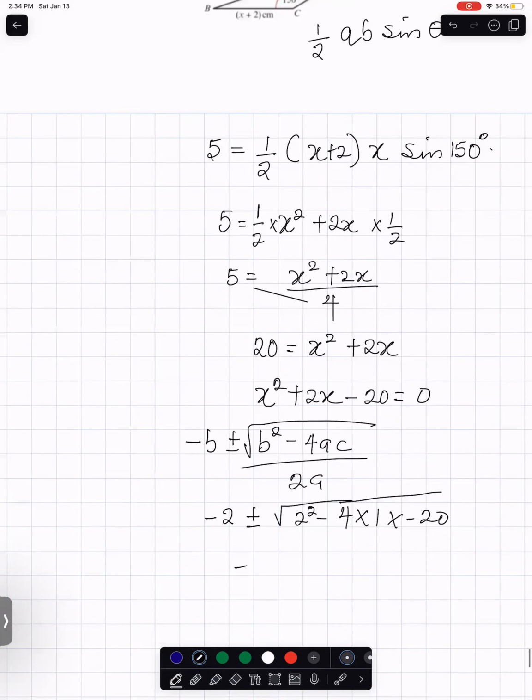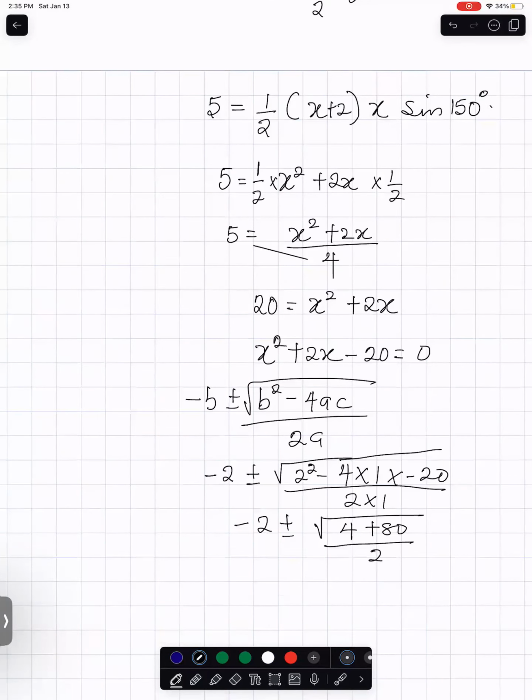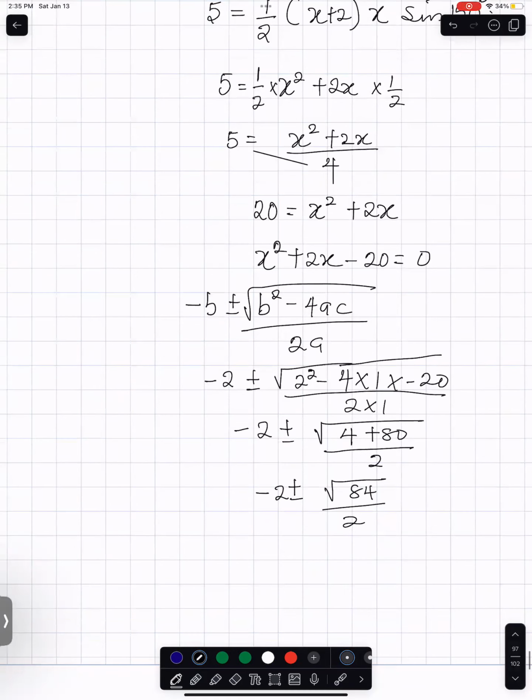We have minus 2 plus or minus the square root of 4 plus 80, over 2. So we have minus 2 plus or minus root 84 divided by 2.